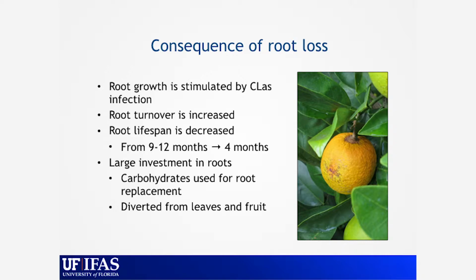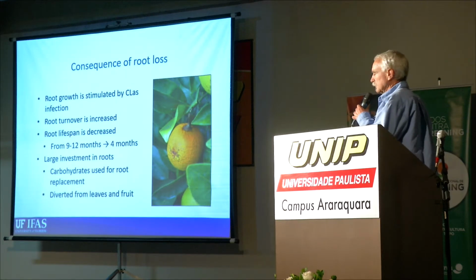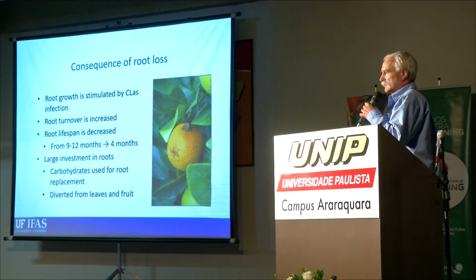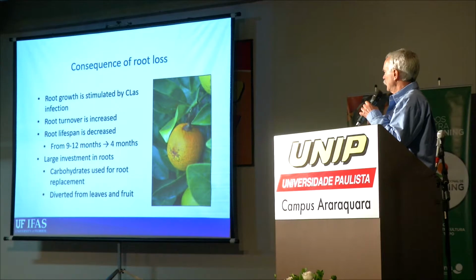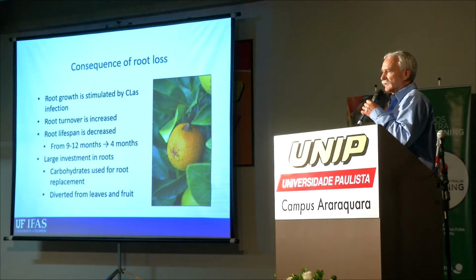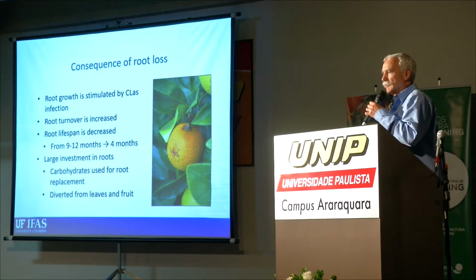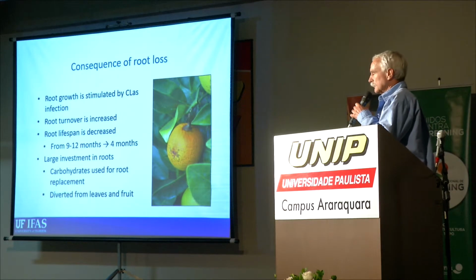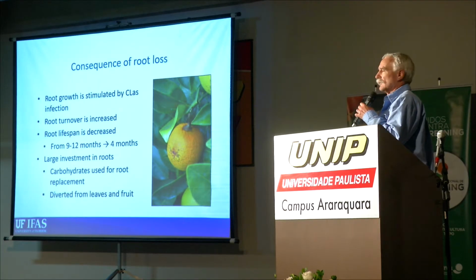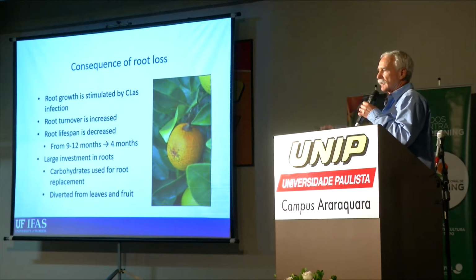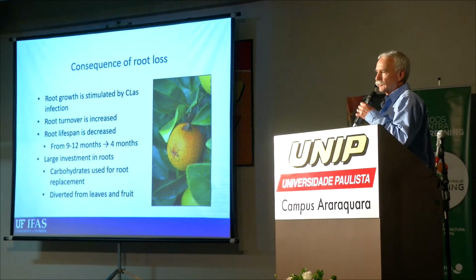So you have these phenomena on the trees of premature leaf loss, but more importantly, premature fruit loss. What has happened here is that this peduncle has collapsed. You have this necrotic area at the base. So this fruit is what I call aborting on the tree and then falling prematurely. So that's the cost: diversion of carbohydrate to root growth from the sustainment of fruits.